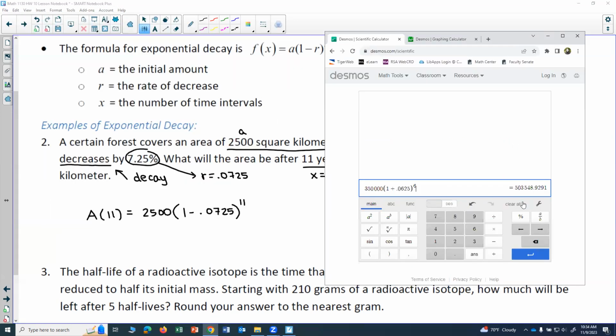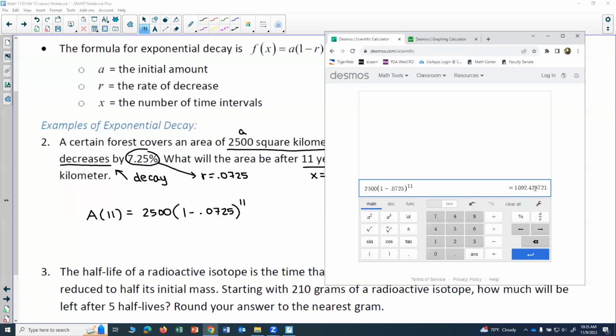And so we just have to plug that in. So we'll have 2,500 parentheses 1 minus 0.0725, close the parentheses, do an exponent of 11, and we've got our square kilometers.